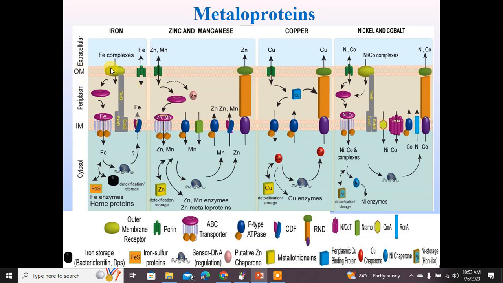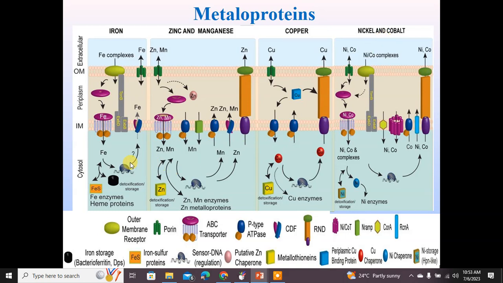This portion is the extracellular matrix, the outside part. It's a very beautiful figure I have selected. This is the iron part, this is the zinc and manganese part, this is the copper part, and this column is the nickel and cobalt part.